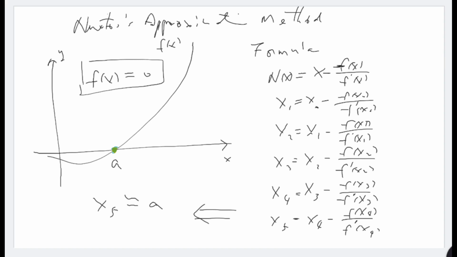So how do we do it? Well, Newton's method involves tangent lines. How it works is you pick an initial location called, say, x0.